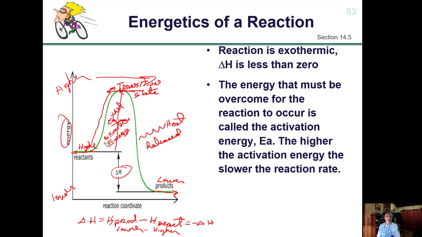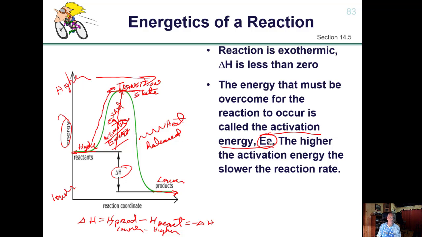So this energy diagram is describing an exothermic reaction. The features are the delta H, which is simply the difference between product and reactant energy. You should know that. And in the diagram, this is describing what we call the activation energy, and we simply denote it as E sub A. The higher the activation energy, the slower the reaction.